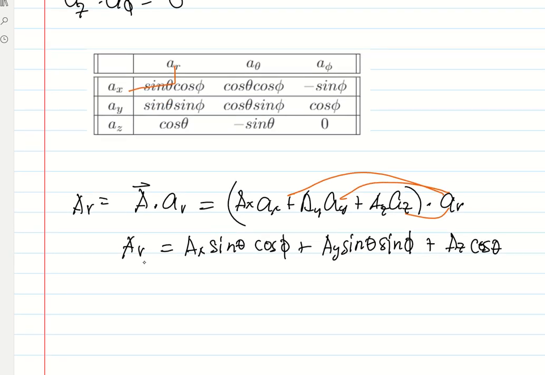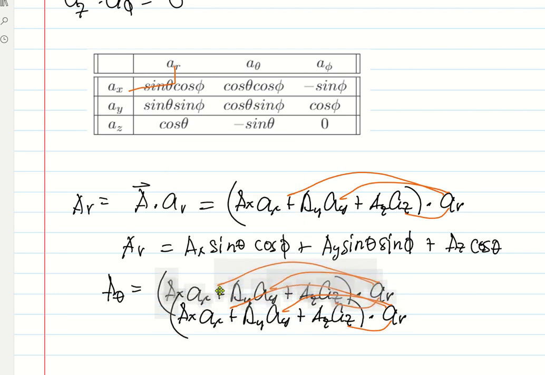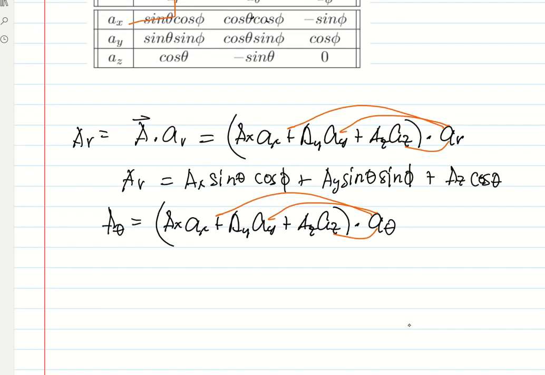For the theta direction, A theta, we repeat this again, but this time, instead of a_r, it's a theta. First, ax dot a theta is cosine theta cosine phi. So this is equal to Ax cosine theta cosine phi, plus ay dot a theta, that is cosine theta sine phi, so Ay cosine theta sine phi.